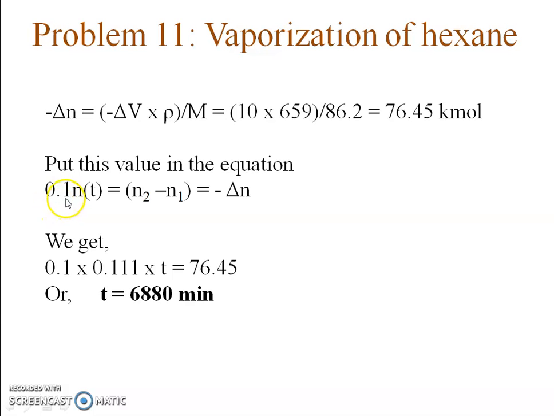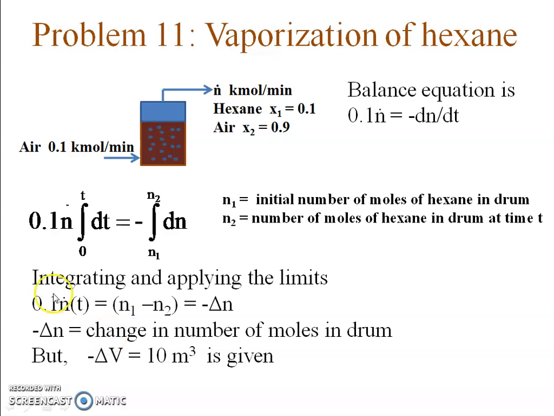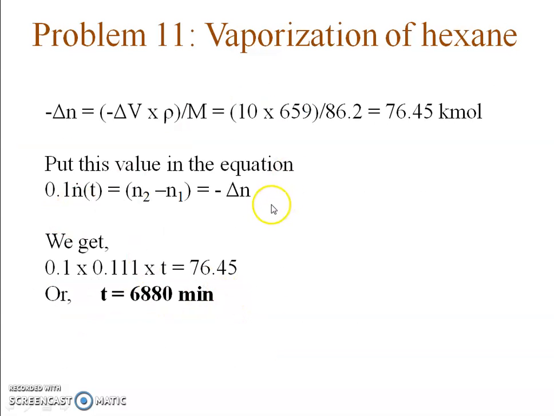I put this in the equation which I got after integrating. I put the delta N value, minus delta N, from what I have calculated, and then I calculate the time required for vaporizing 10 meter cube of hexane.